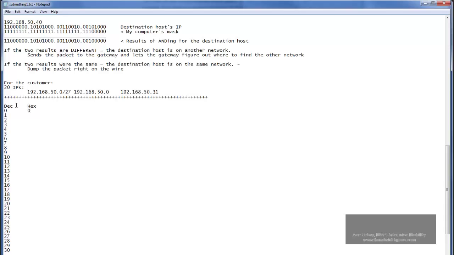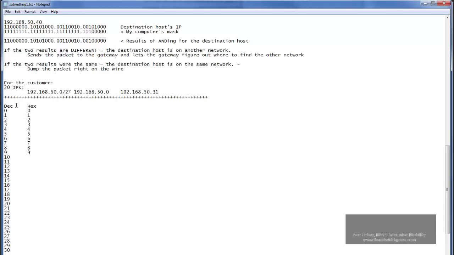0 is 0. 1, 2, 3, 4, 5, 6, 7, 8, 9. Okay, here's where it changes up, because remember, decimals are 0 through 9, so there's 10 in each block.